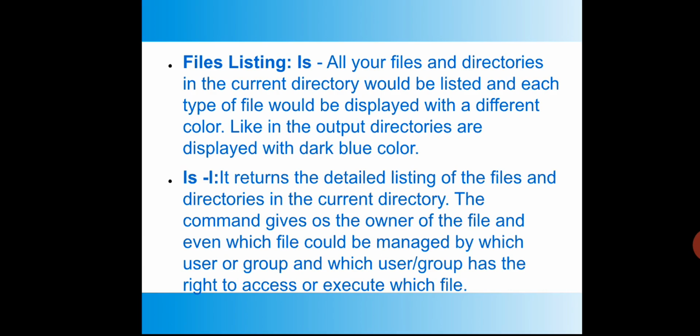You have one more command, the same command with a parameter, that is ls -l. It returns the detailed listing of files and directories in the current directory. Now what does detailed mean?